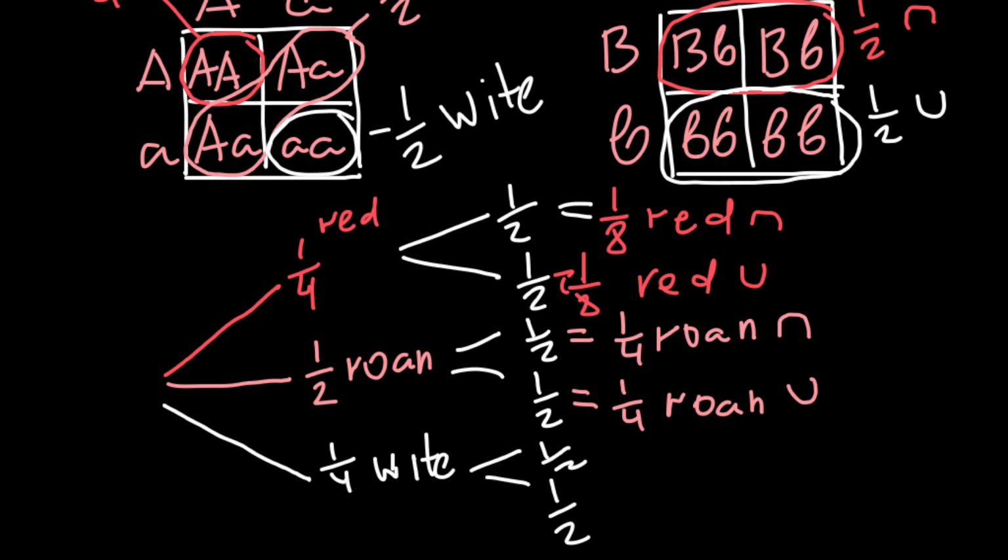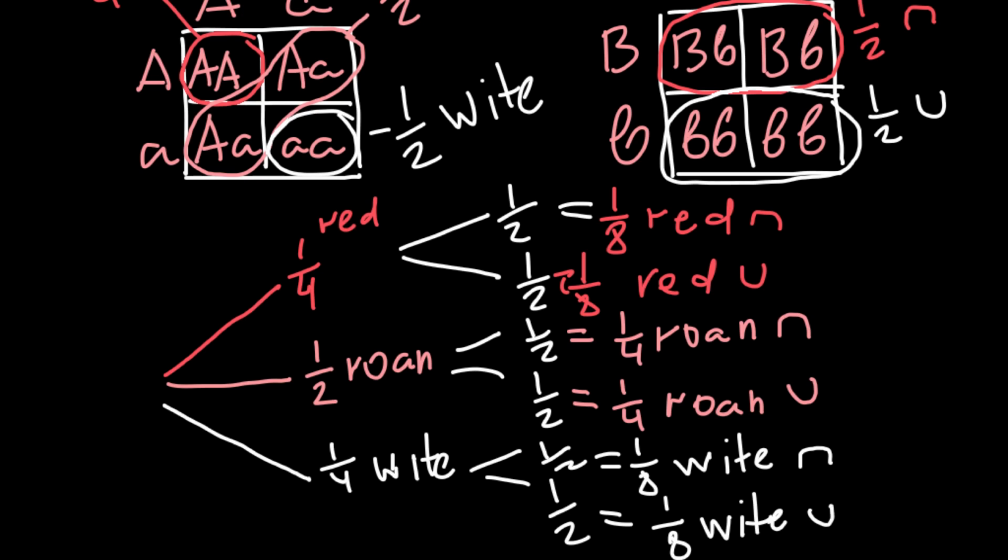And also we expect 1/4 multiplied by 1/2, so 1/8 of the progeny would be white and hornless, and another 1/8 would be white and horned. So these are all the phenotypic ratios: 1/8, 1/8, 1/4, 1/4, 1/8, 1/8.